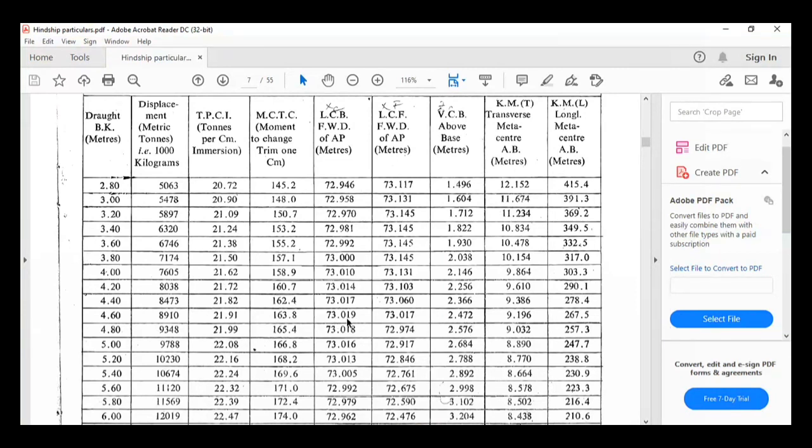Do you copy this? How this is happening? 73.019 तक तो इंक्रीज कर रहा था, 4.6 तक, बिकॉज पीछे की वॉल्यूम ज्यादा थी. उसके बाद से पीछे की वॉल्यूम बढ़ती रही. तो जो सेंटर ऑफ बॉयंसी है, जीसी ऑफ द अंडर वाटर वॉल्यूम, वो पीछे जा रही है. अब इट इज गोइंग टुवर्ड्स मिडशिप. डू यू कॉपी दिस?